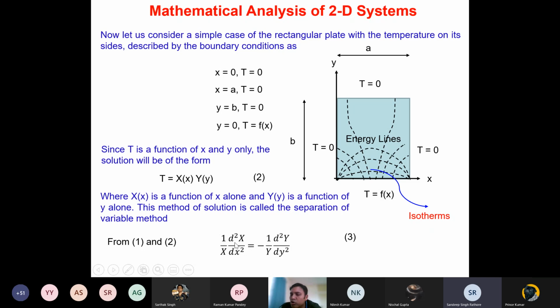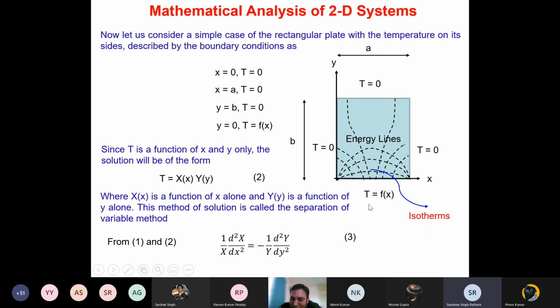What will this solution give me? Remember, d square x by dou x square will be equal to 0. And what will be the solution of that? A linear function, C1x plus C2, isn't it? Similarly, we will get C1y plus C2. That is the solution you are going to get, correct?